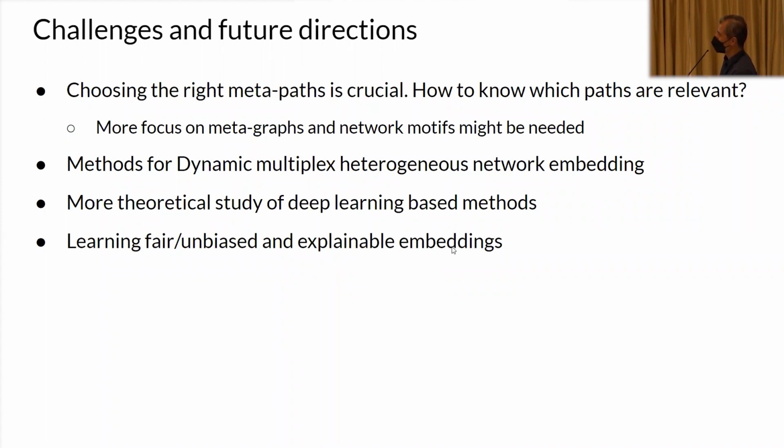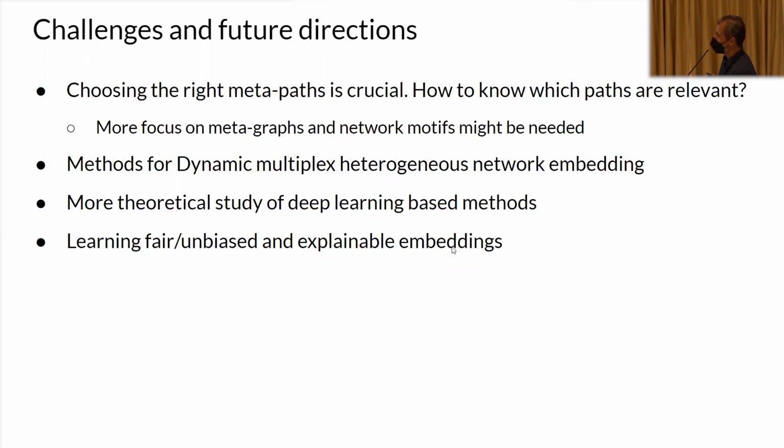So we might want to focus on network motifs as well, to be able to apply this on more abstract graphs where the semantic information is not readily available. There are also dynamic networks, as we discussed in the previous session, so networks that change over time.